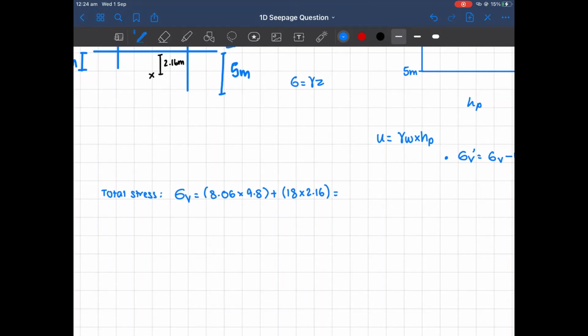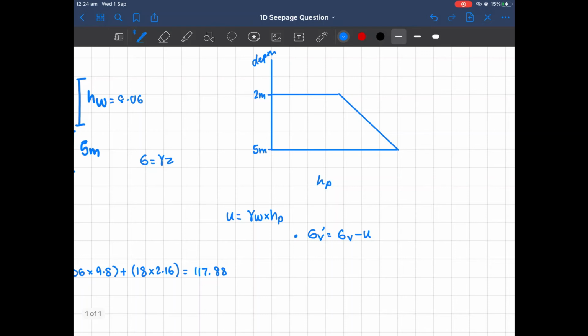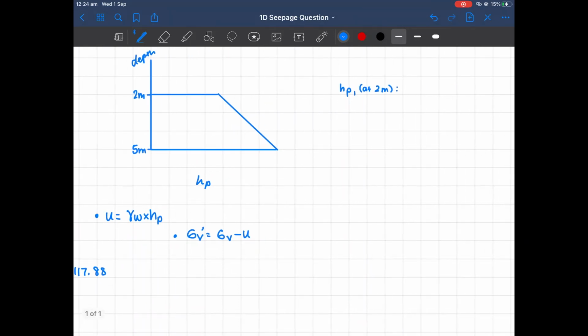Now, we want to know what the HP is at 2 meters and at 5 meters below the lake bed. At 2 meters below the lake bed, we can use this relationship to find it. So the pressure head at 2 meters below the lake bed would be 85 over 9.8, because we're using the relationship HP equals U over gamma W. It's just rearranging this one.